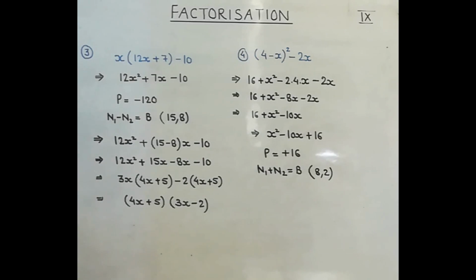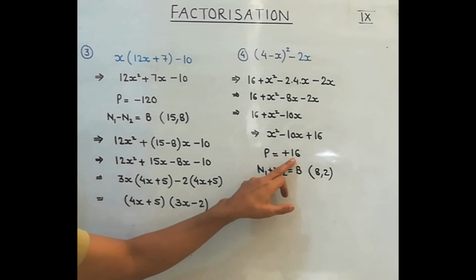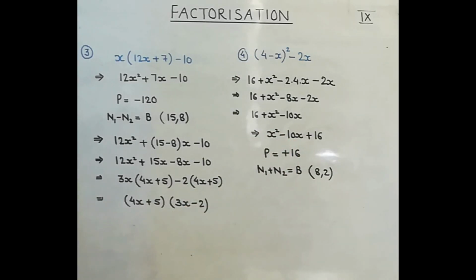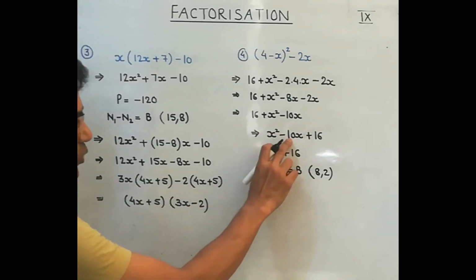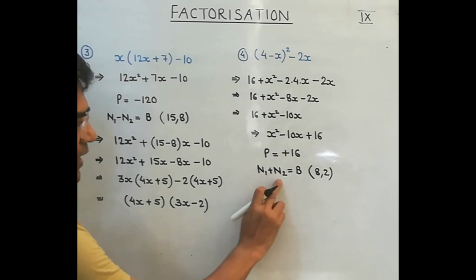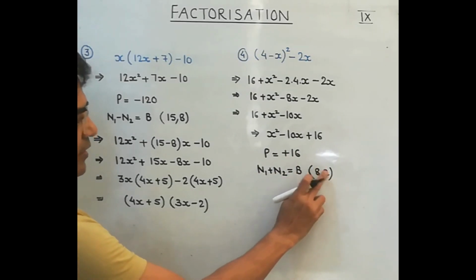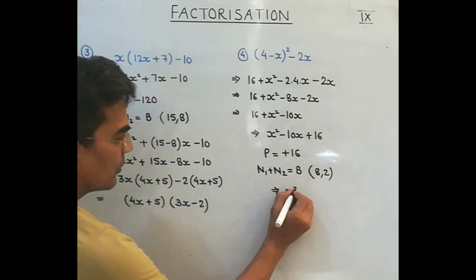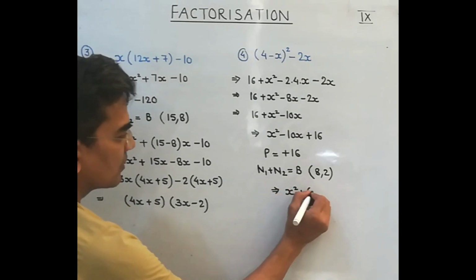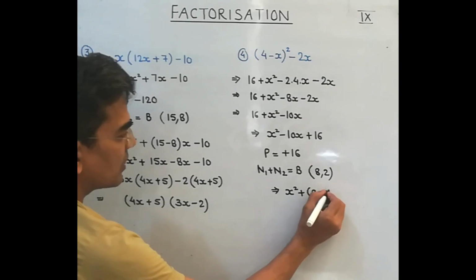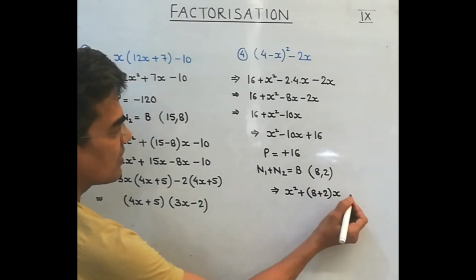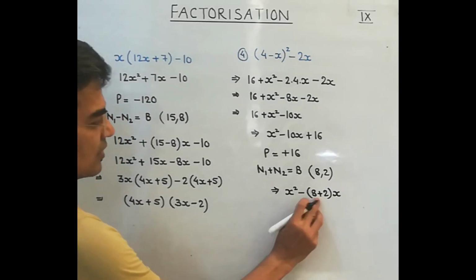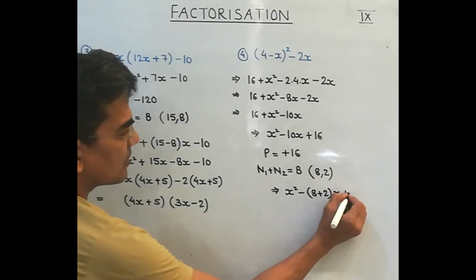So 8 and 2 when multiplied give us 16, and when added give us b, that is 10. So in the next step you are going to replace b by n1 plus n2, that is 8 plus 2. b will be replaced by 8 plus 2. Rest will remain as it is. This was a minus sign, it will remain as it is, and then plus 16.